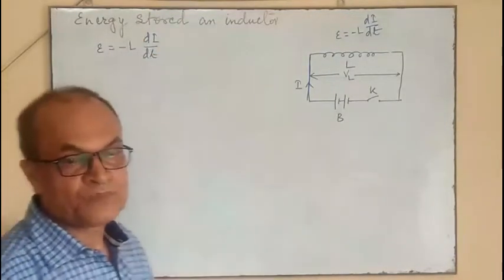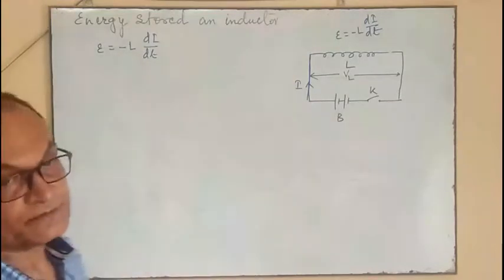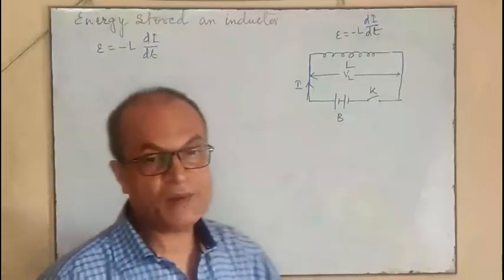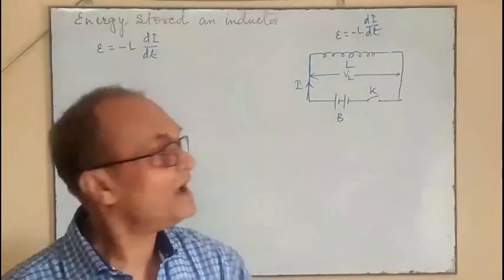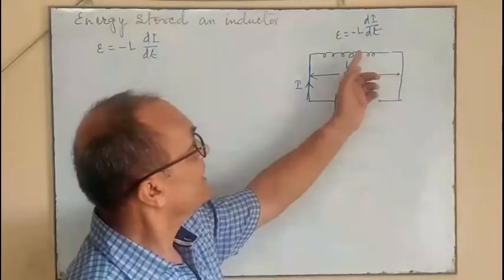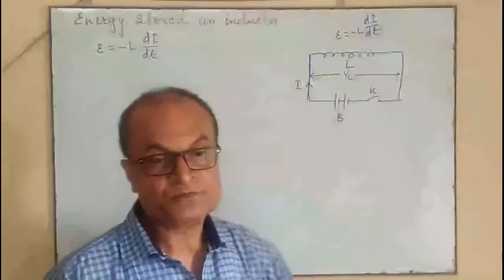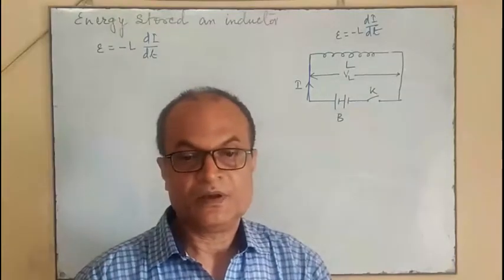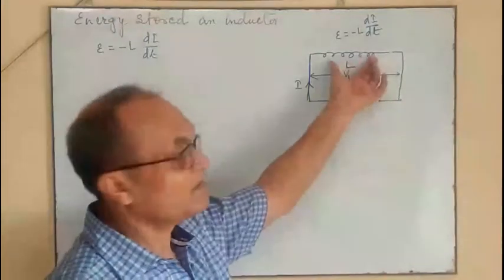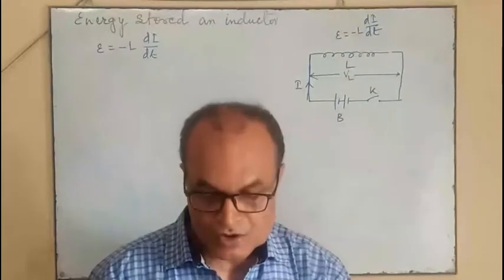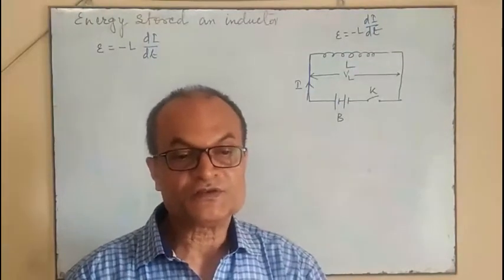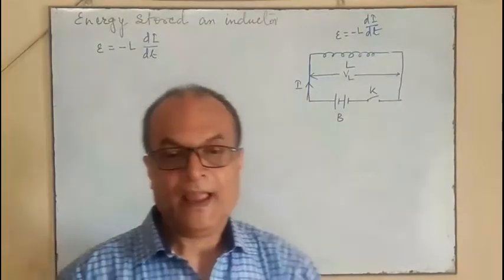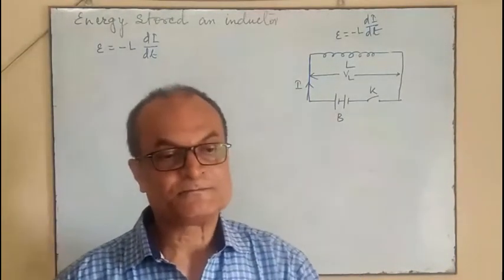Here we see the negative sign. The negative sign shows that the EMF induced in this inductor opposes the current I in this inductor. So now, to drive the current through this inductor, we have to apply an external voltage.